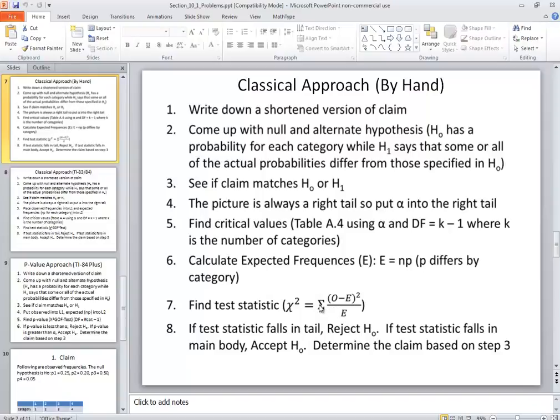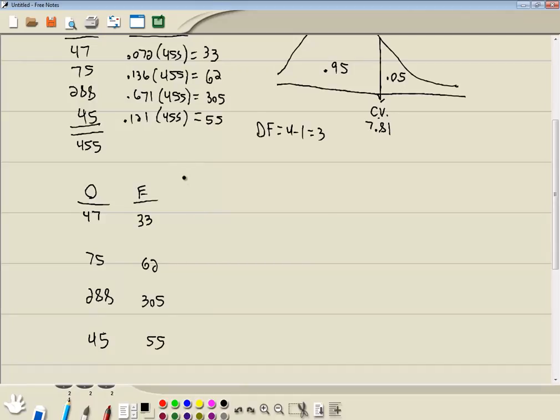Now this says that we need to find a test statistic using this formula: O minus E squared divided by E. Actually, if I just do this in a separate column, it might be easier. O minus E is 47 minus 33, which gives us 14. This one's 75 minus 62, which gives us 13. This one is 288 minus 305, which gives us negative 17.